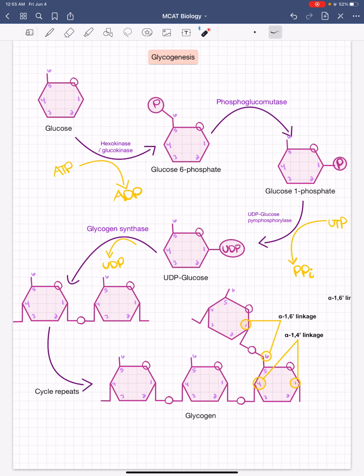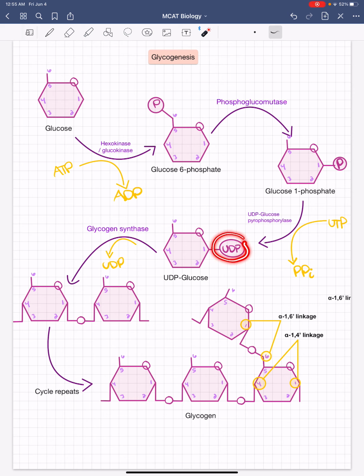Since now there are 2 phosphate groups plus uridine, UTP is then converted into diphosphate, while glucose 1-phosphate ends up becoming UDP glucose.